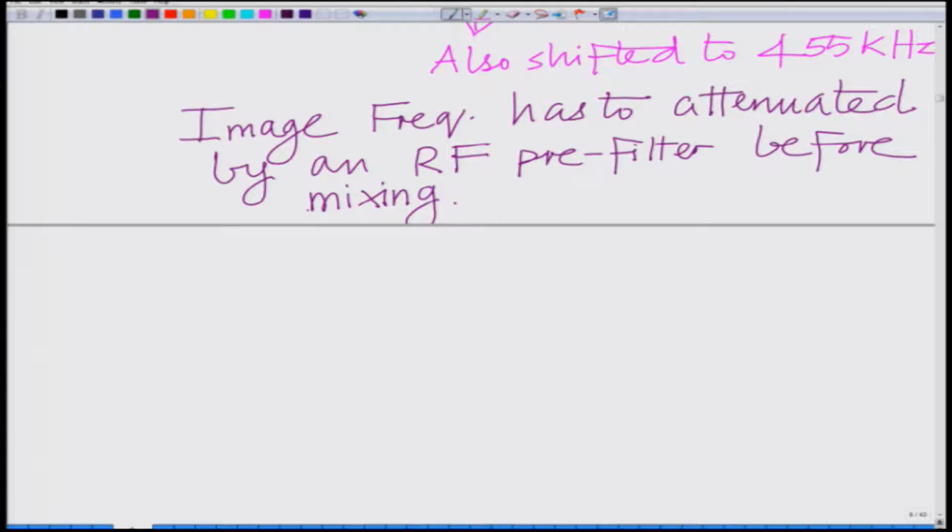Okay. So, the image signal has to be attenuated by an RF filter, otherwise it is going to interfere with the desired signal which has been translated to the intermediate frequency. Okay. All right. So, that is the problem with the image frequency.